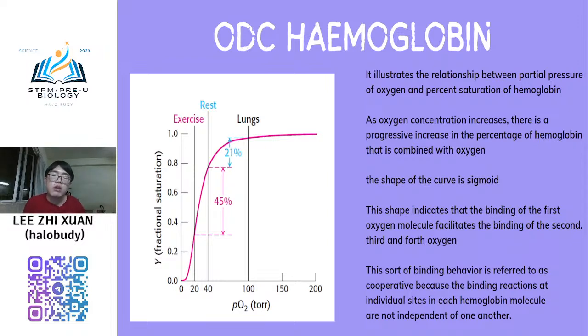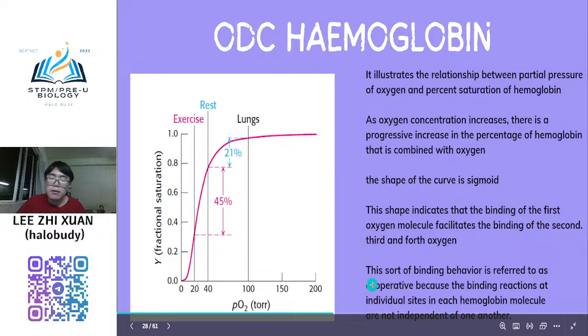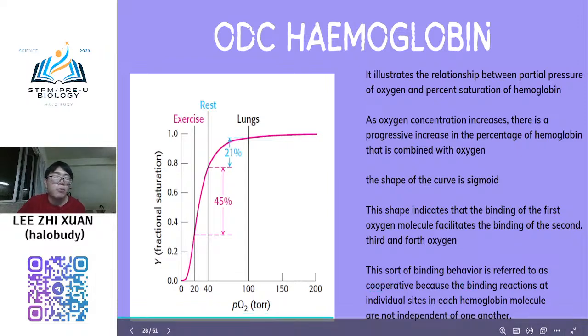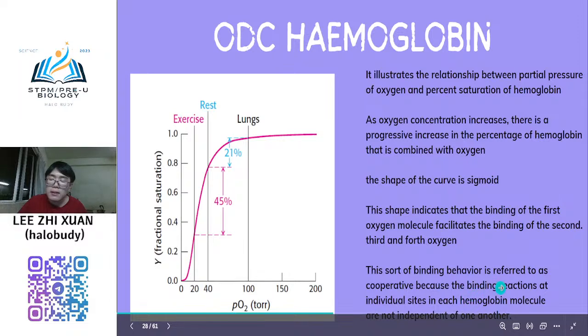So this is what we mean by uncooperative. But if it is cooperative, when the first binding occurs, it changes the hemoglobin. Because the binding at individual sites in each hemoglobin molecule are not independent of one another. So that is what it means.